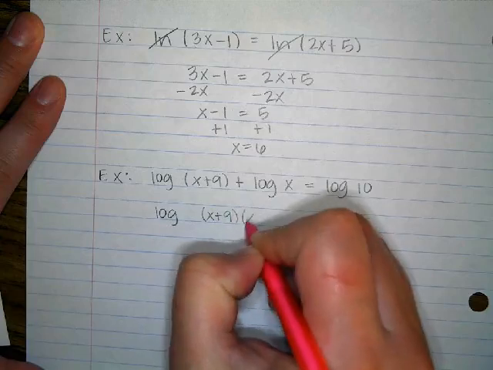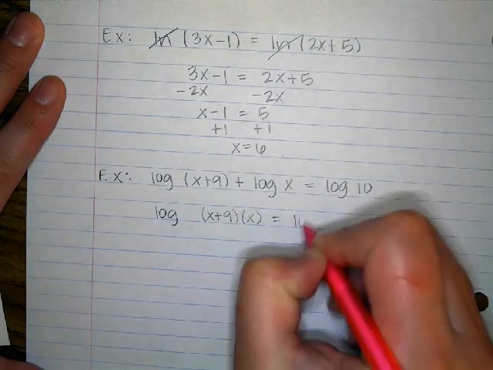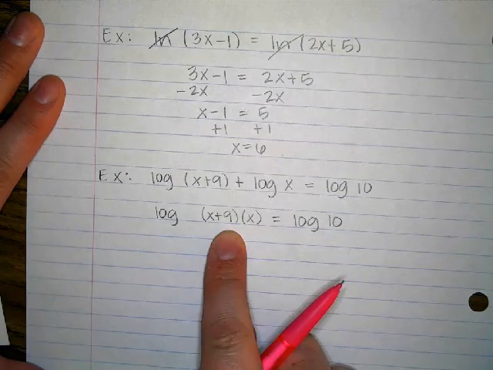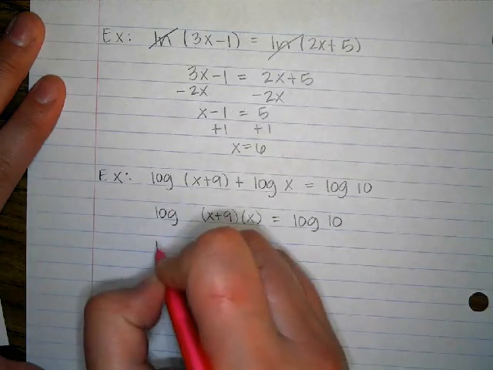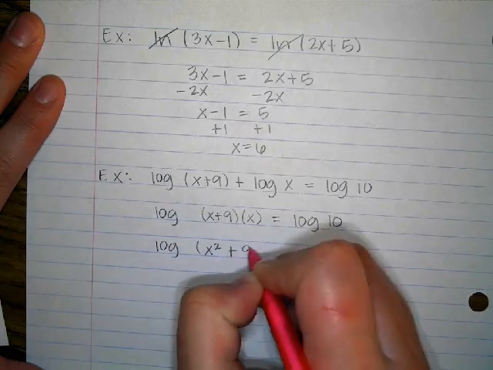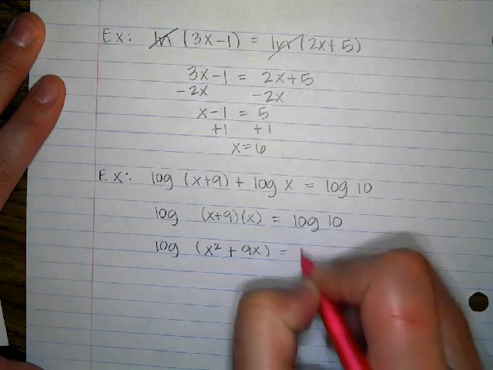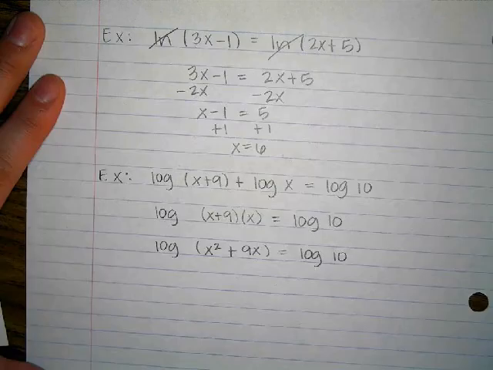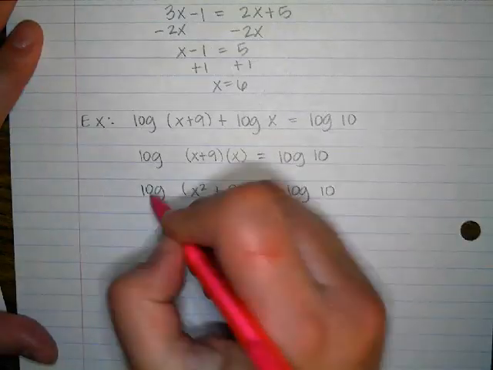Okay. Now, at this point, when I have 1 log on each side, then I can ditch the logs. It would just be 10. So we got x squared plus 9x equals 10.